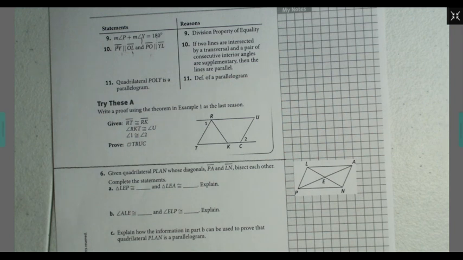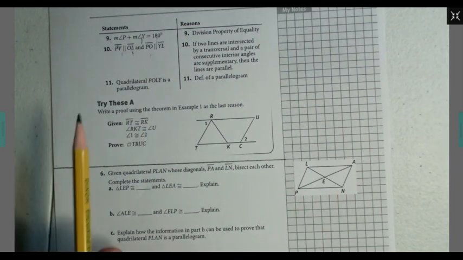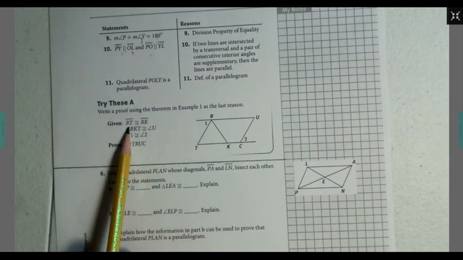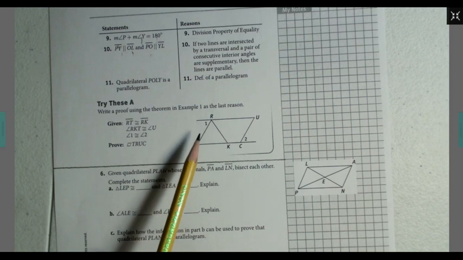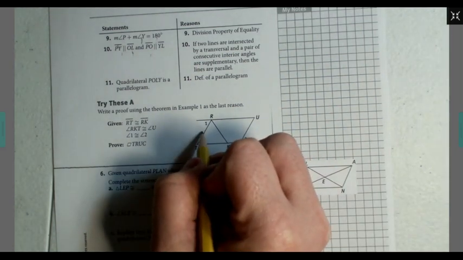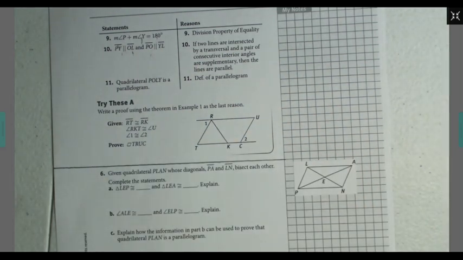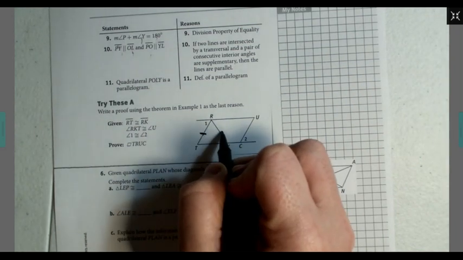All right. Here you're going to try these A. And it says write a proof using the theorem in this example as the last reason. And we're given that RT is going to be congruent to RK. So I'll make some markings here. RT is going to be congruent to RK.